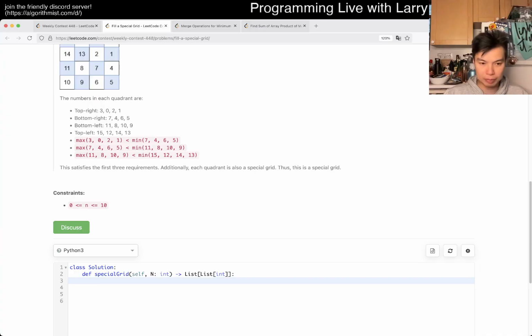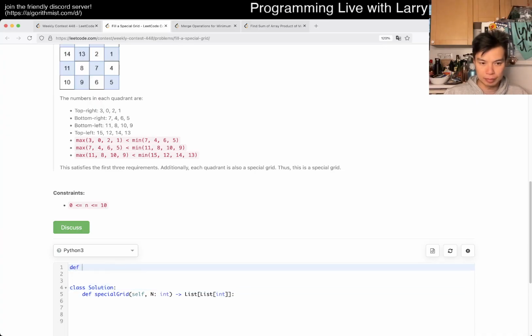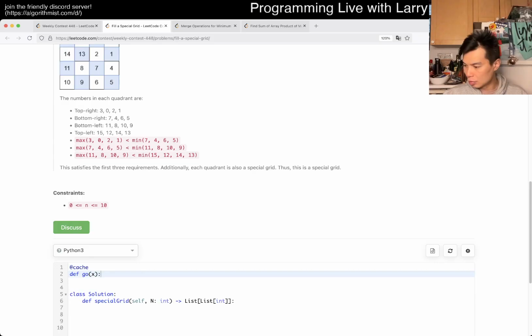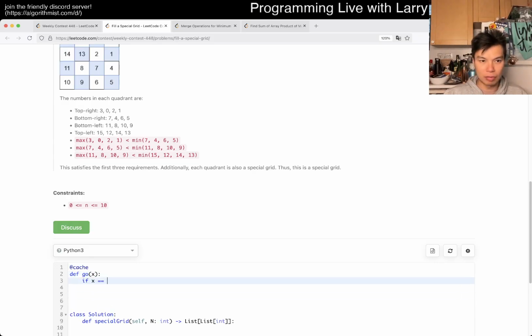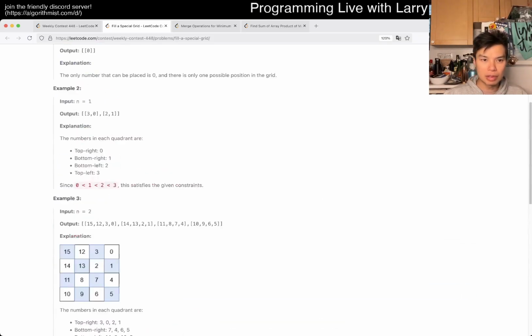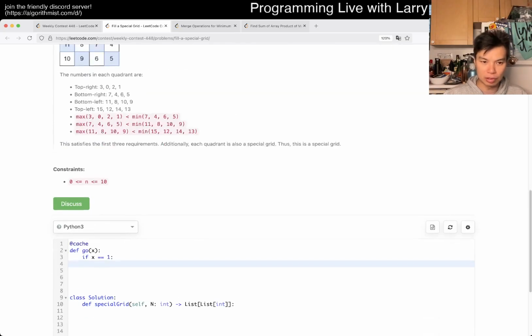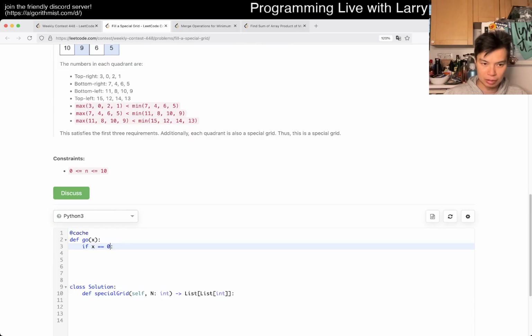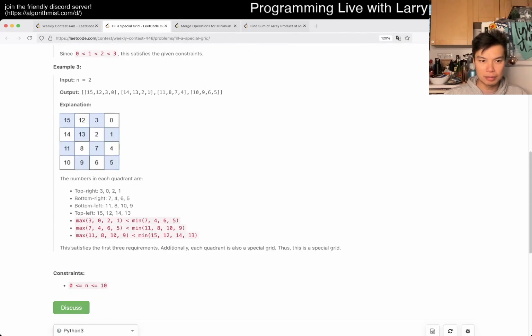Right, so here. Okay, so if x is 0 to 1, is it 1 or 0? If 0, then it's 2 to the 1. Okay, fine. If it's 0, then we just return.